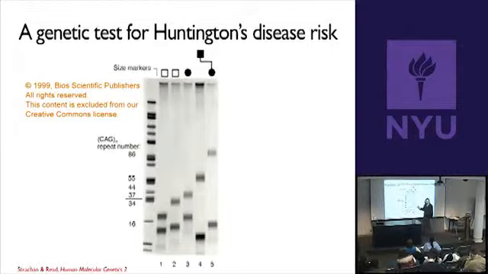That is, do you need one bad copy of the gene or two bad copies of the gene to have the disease? You just need one bad copy of the gene to have the disease, right? This individual just has that bad copy, and this individual just has that bad copy, okay? And if you just need one bad copy to have the disease, then that copy is dominant, okay?